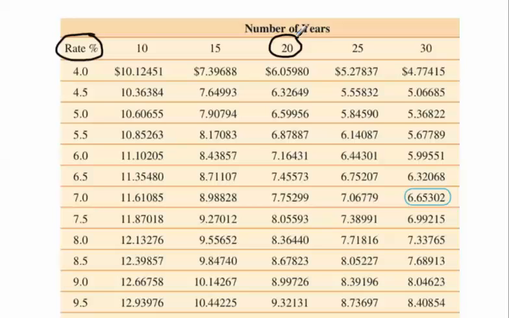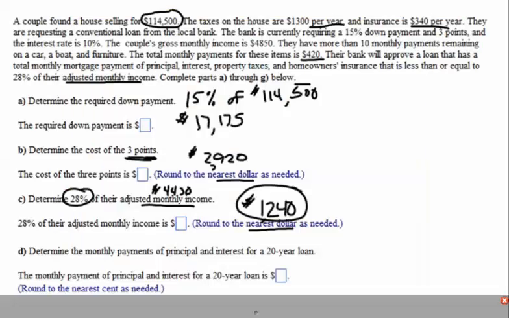Part of the payment will go towards principal, part of it will go towards interest. So going back to the problem, we want to determine the monthly payments of principal and interest for a 20-year loan. And we need to know the interest rate is 10%, and we need to know how much we're borrowing.